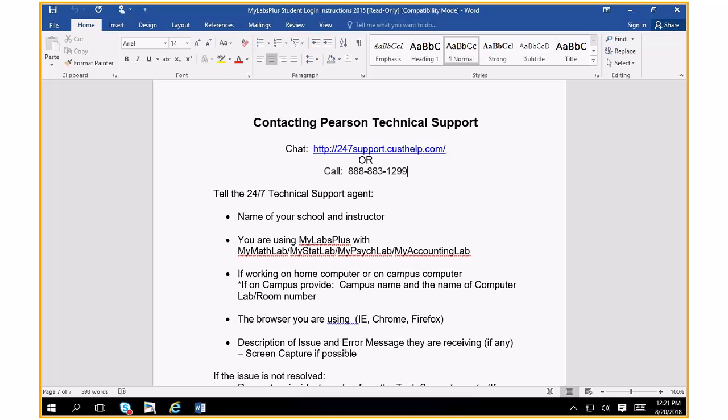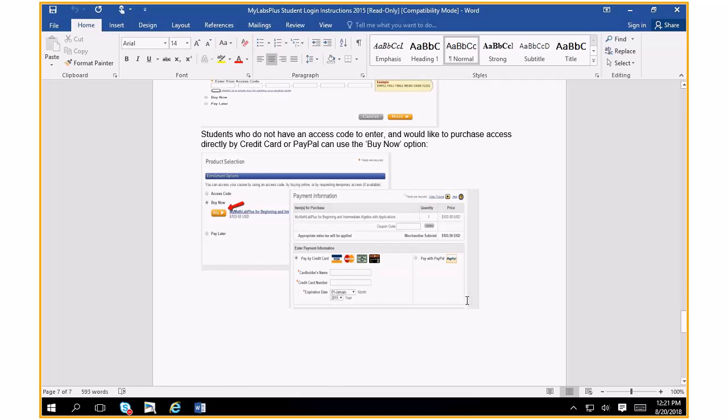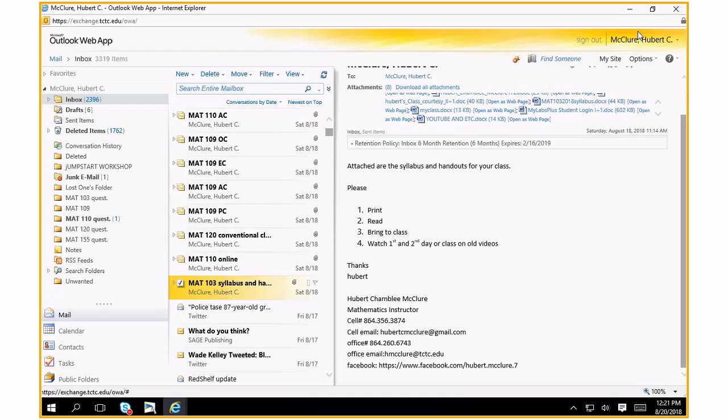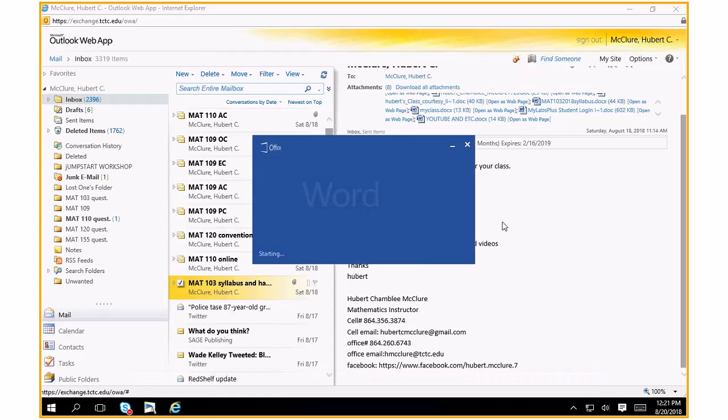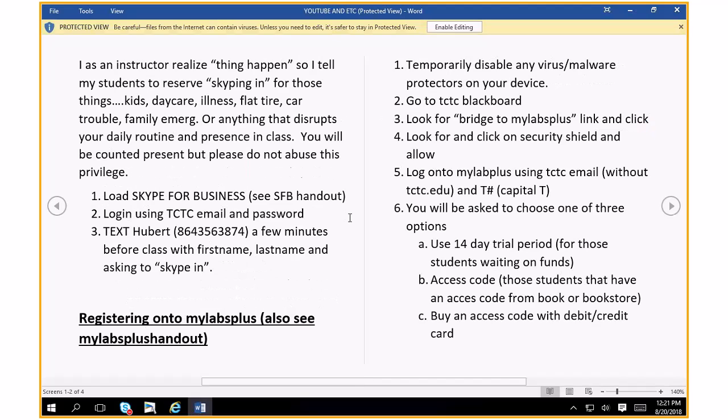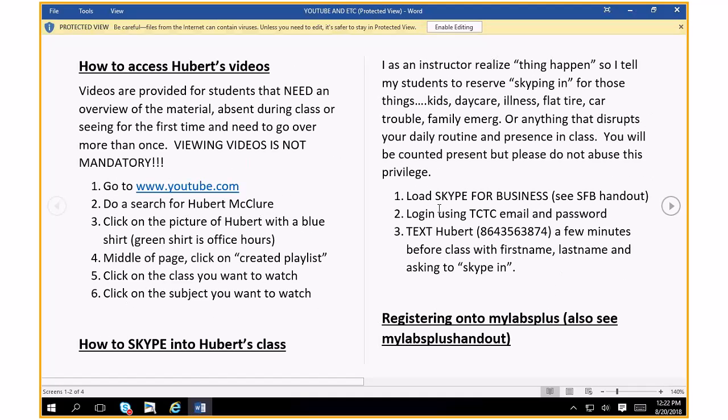All right, so that gives you all the information you need on that handout with MyLabs Plus. And the last one is about YouTube. And we're going to pull that up in just a second. In fact, I'll just pull all of these up because it's not going to take that long to do it.